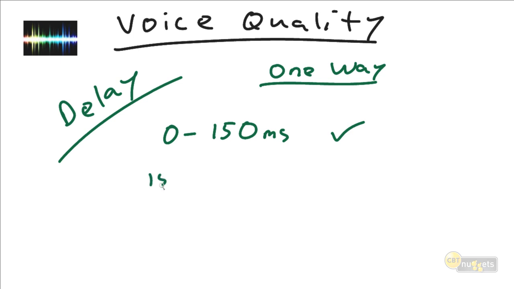They also recognize that 151 milliseconds to 400 milliseconds is probably going to be acceptable in most environments. And then, of course, they identify anything greater than 401 milliseconds, we are most likely going to run into some serious problems when it comes to voice over IP call quality.